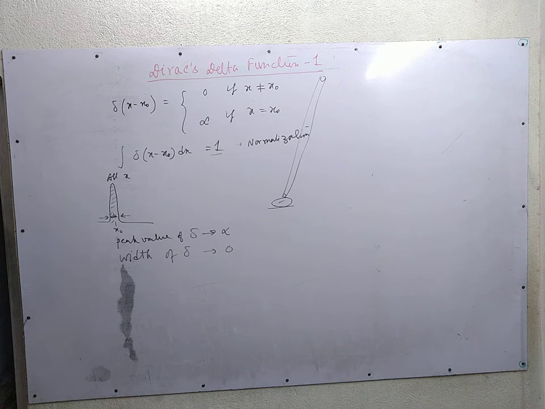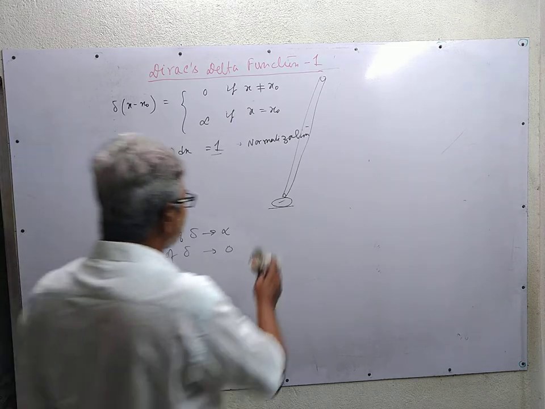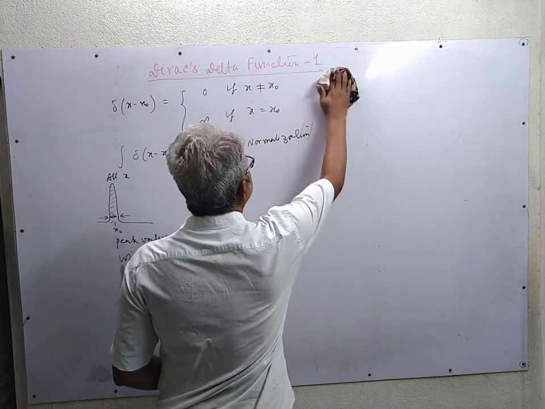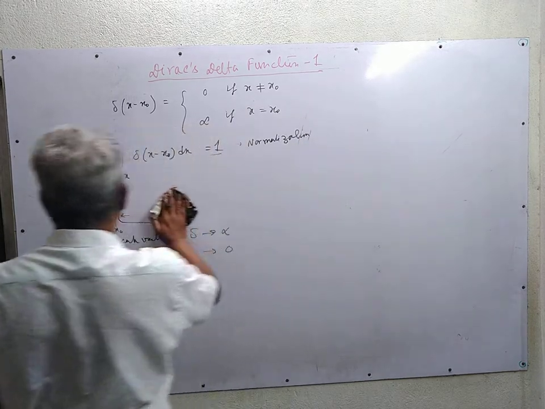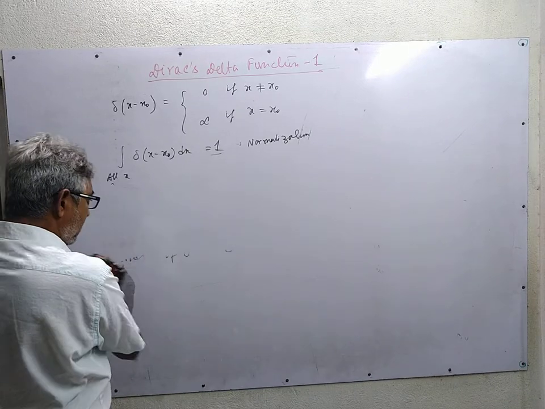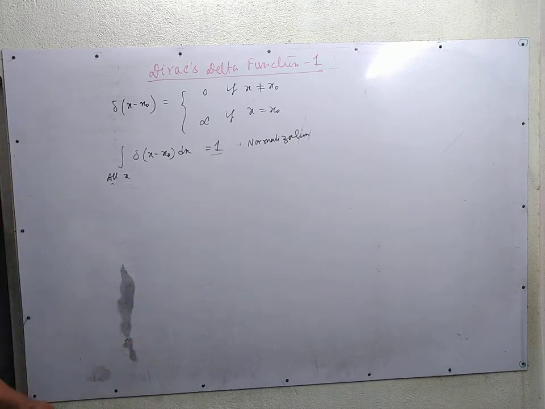The delta function has a few other properties too: the scaling property and the shifting property.